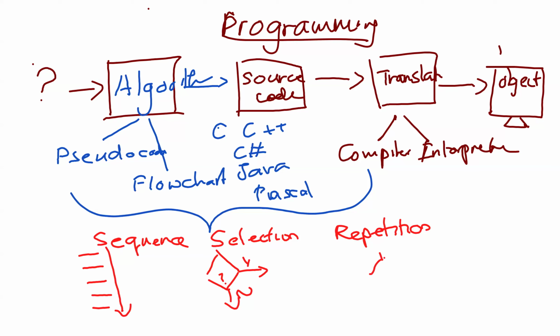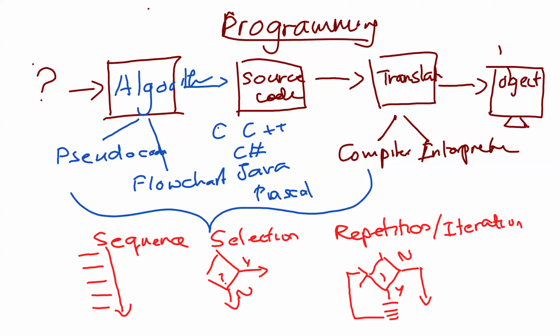For example, you ask a question. If it is yes, you do a given set of steps and again you go up. When it becomes no, when that condition fails, then you go out. That is repetition, and there is another name for that. That is iteration.